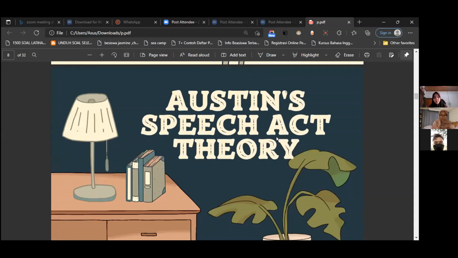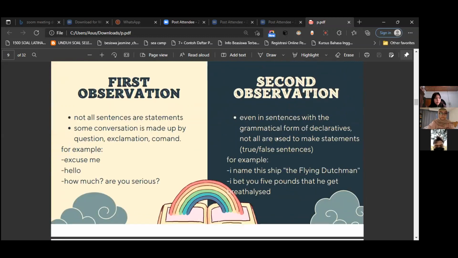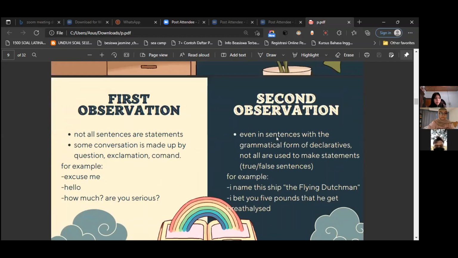Okay, now we move to Austin's speech act theory. Next slide. Okay, so Austin made two observations in his research. His first observation said not all sentences are statements, and some conversation is made up of questions, exclamations, comments.